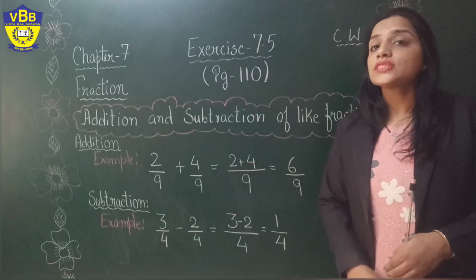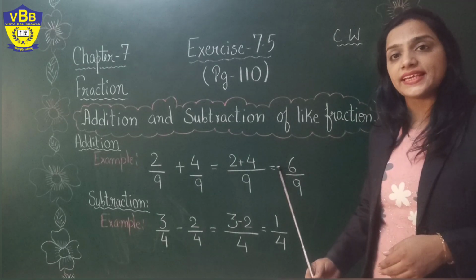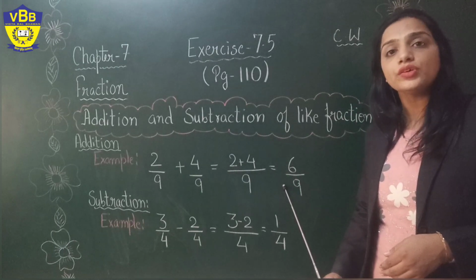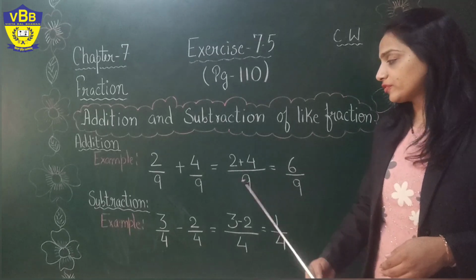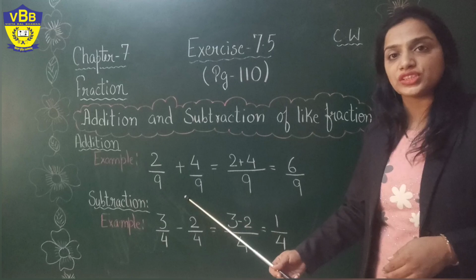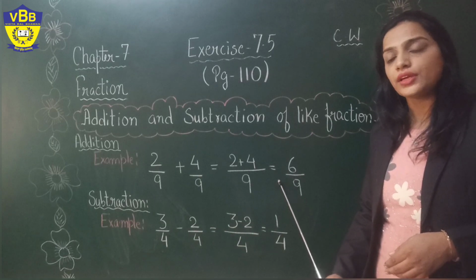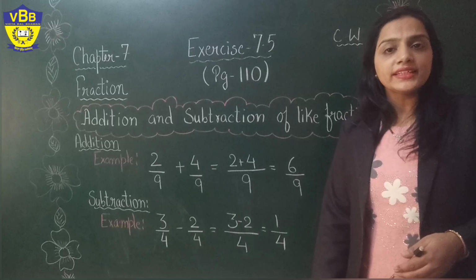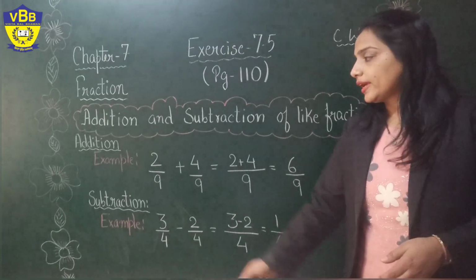It is 6. So 2 plus 4 is 6 and the denominator remains the same. So after addition of both fractions, what will be the answer? 6 by 9.